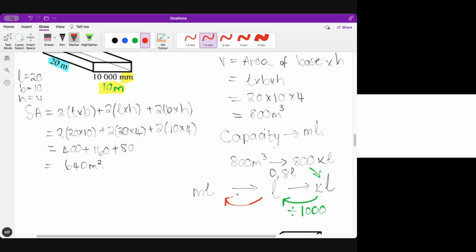If I'm going to the smaller unit, I am dividing again. Milliliters. Milli is what? How much is it? Divide by what, guys?